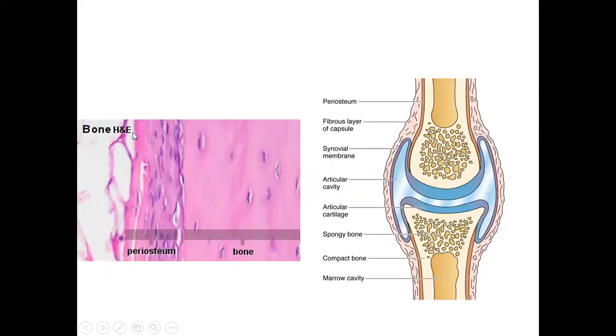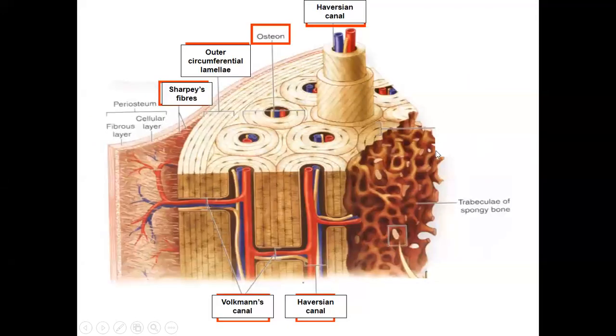Okay, so this is another picture just to show you how the periosteum looks like. You can see here, this is the periosteum, and this is the bone. It is the similar picture that I have shown to you just now. The periosteum is composed of two layers, the same thing that I have mentioned earlier.